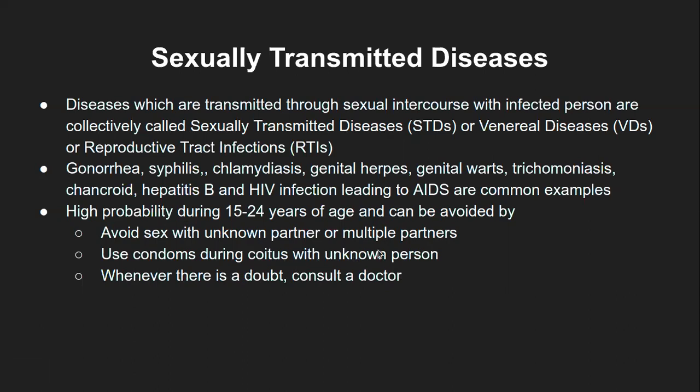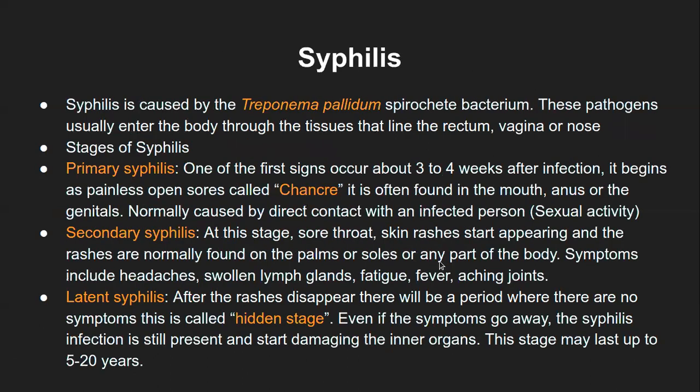Okay, so coming to the first disease from this STD list, that is syphilis. Now, syphilis is caused by a spirochete bacterium. Its name is Treponema pallidum. Spirochete is nothing but a bacterium which has a spiral shape.